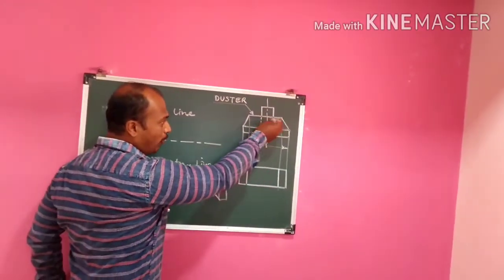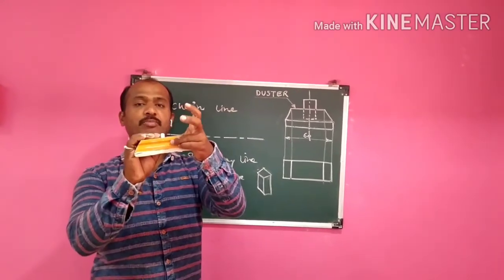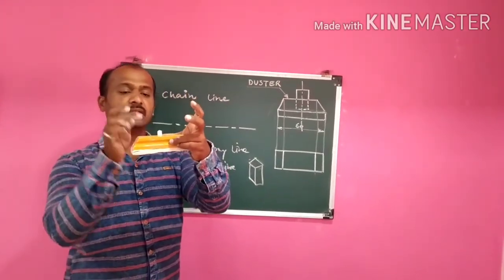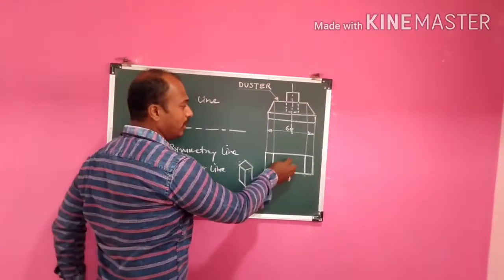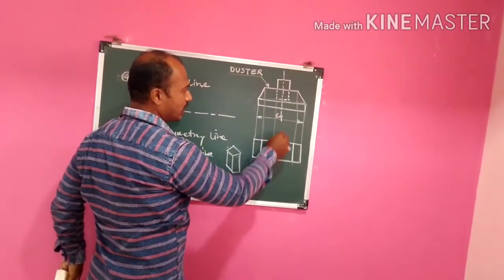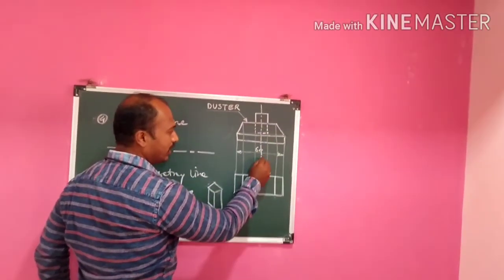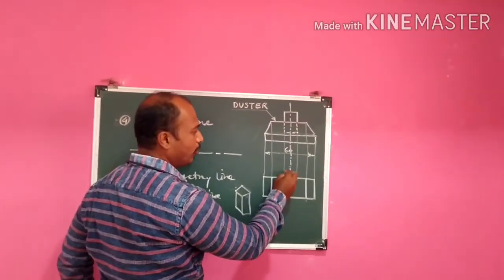Now while drawing its top view, see, the chalk is behind the duster. That's why the circle will be at the top of the duster in the top view. So take the projection of this chalk, then transfer the center line to the top view.